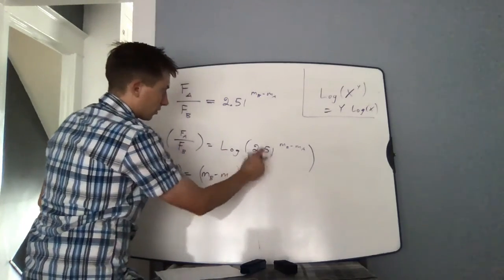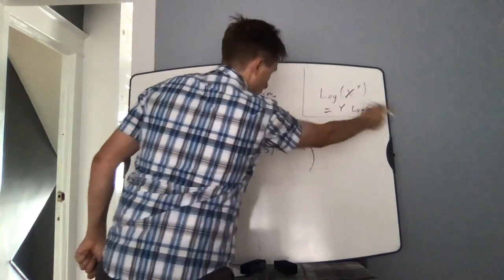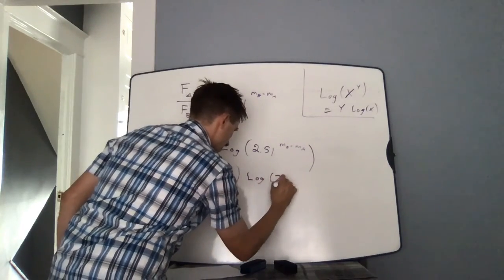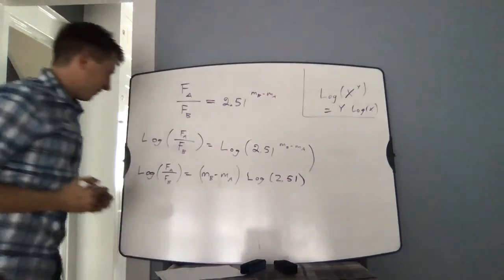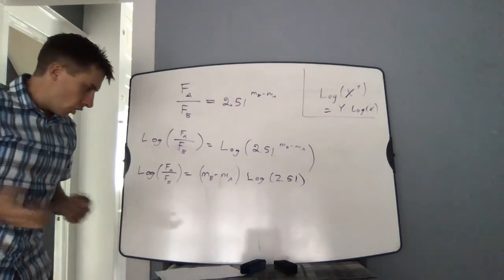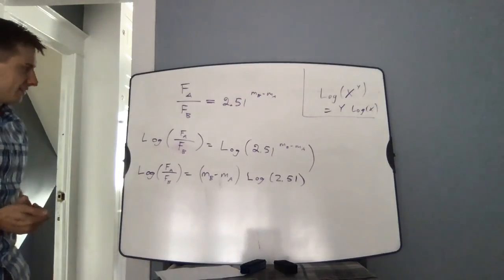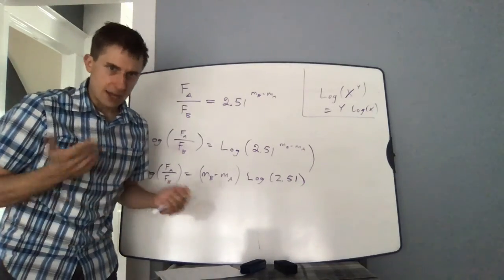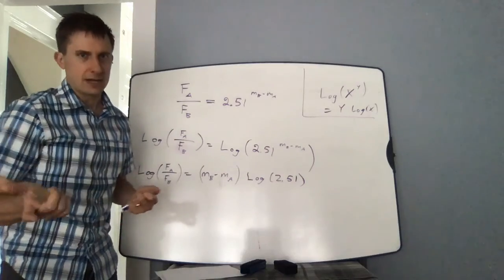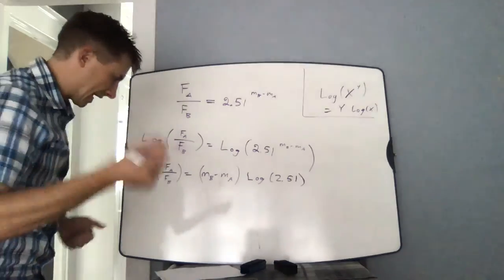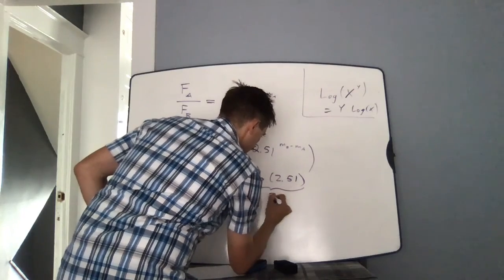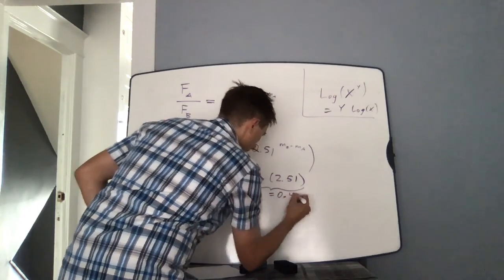Then I will have log of 2.51, log of whatever is downstairs. Okay, now I have log of 2.51, which I could just put into a calculator. If I write log 2.51 in a calculator and hit equals, this entire term is equal to 0.4.